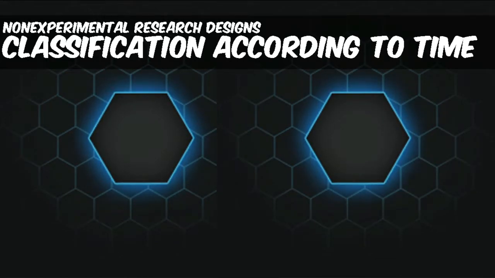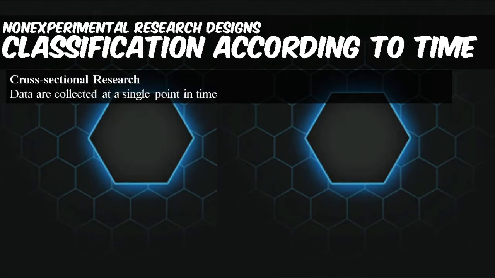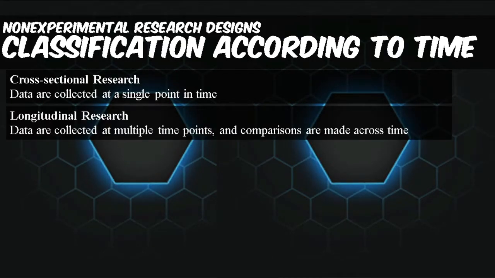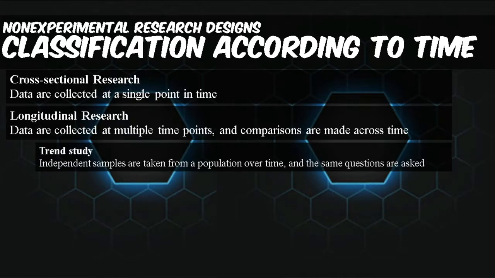Let us continue by classifying our different non-experimental research designs. The first classification will be according to time. The first type is called cross-sectional research. These are researches where the data are collected at a single point in time. If it's across a time interval, then it's called a longitudinal research. There are subtypes.